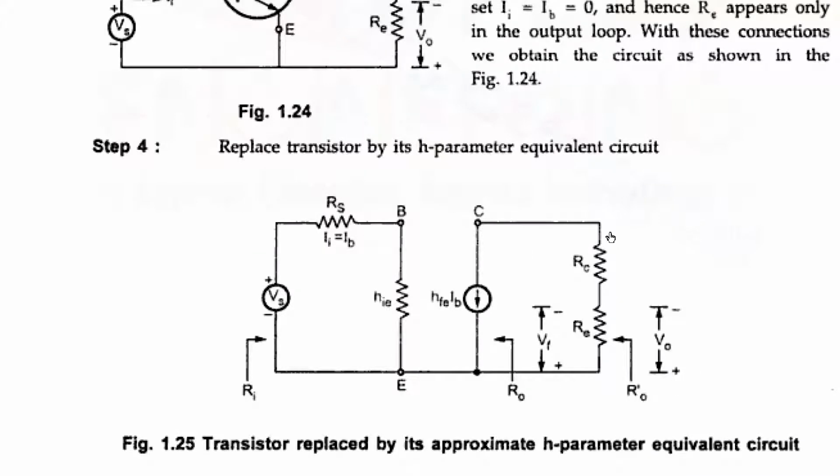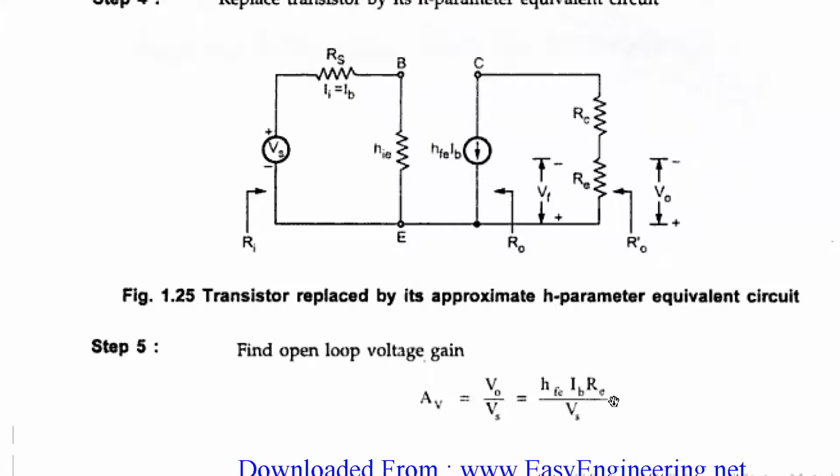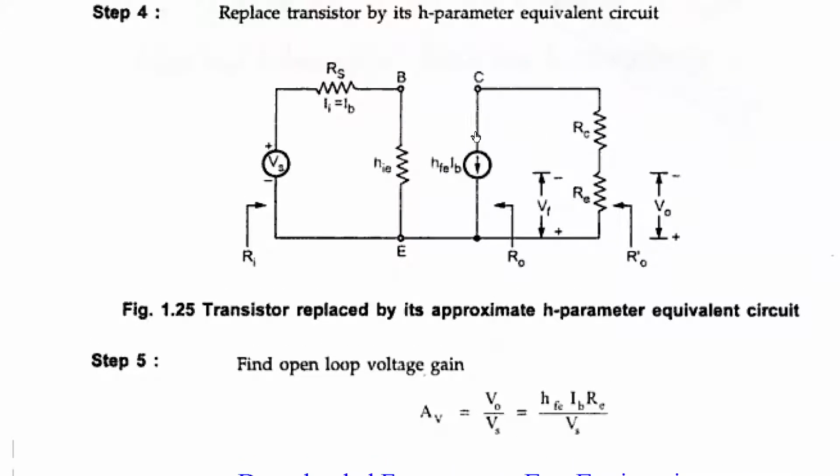There is no branch, so hfe IB will flow through RE. Means the current through RE is hfe IB. So V0 will be hfe IB into RE, by Ohm's law.